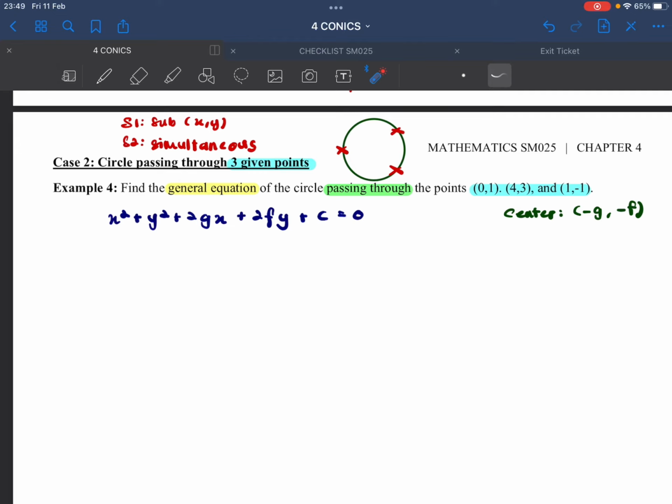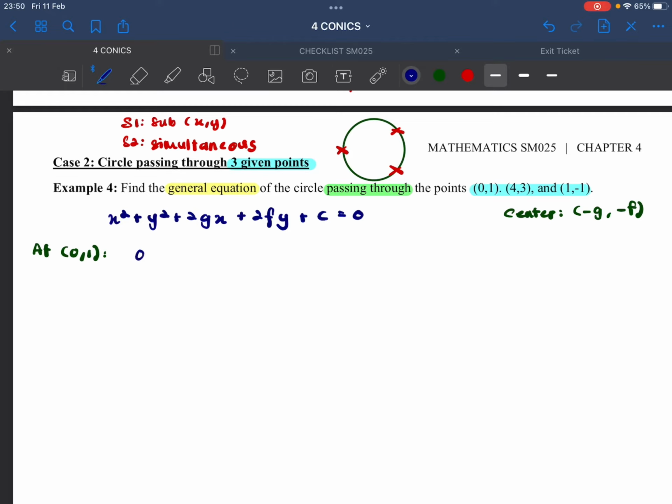So what we are going to do is substitute these points into this equation. Let's start with (0, 1). We substitute into x and y. Remember, x and y, not G and F. G and F is your center.